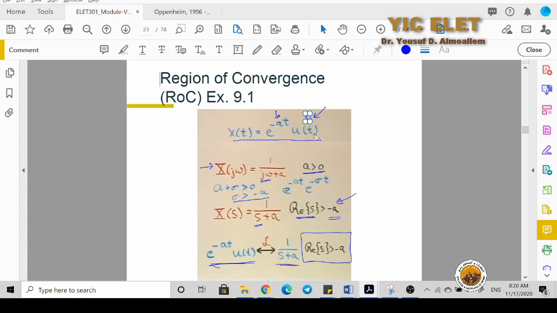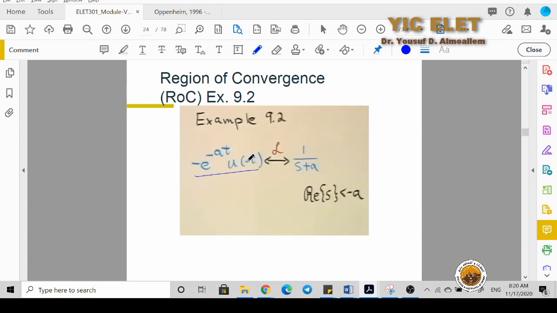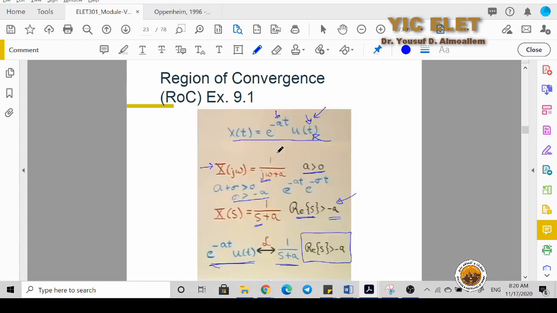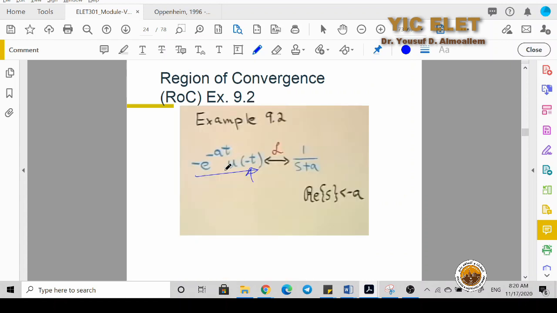So we're switching from u of t to u of minus t, and the other change is that we put a negative sign. Let's focus on this negative sign. What is the effect of this negative sign on this function?